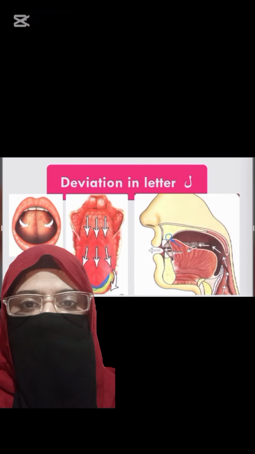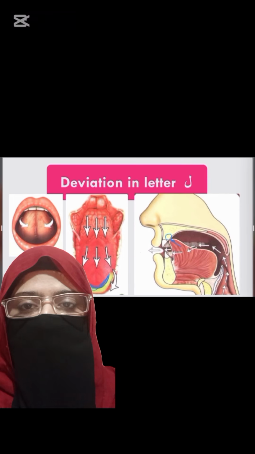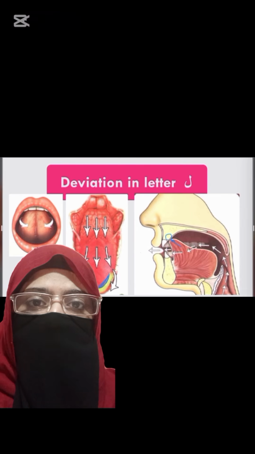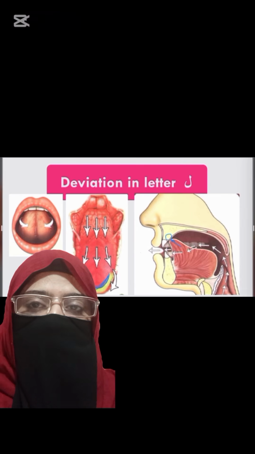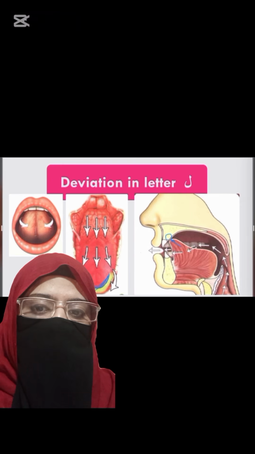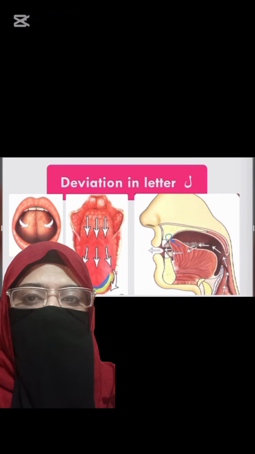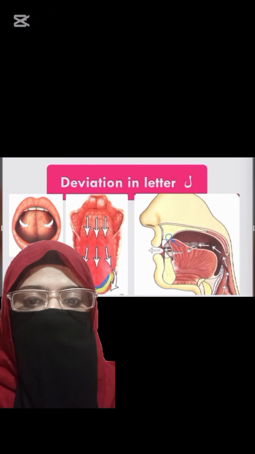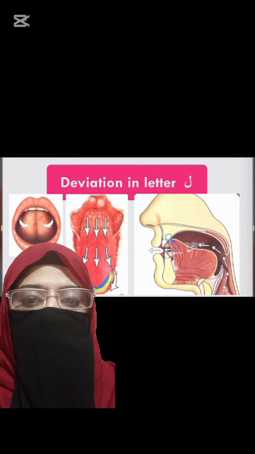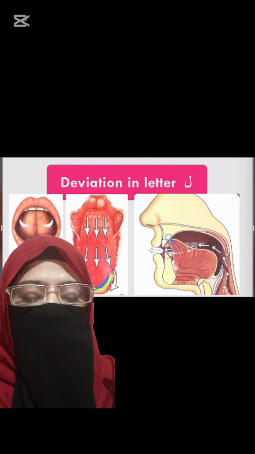For example, if we force the sound from the incorrect side of the tongue and say l, al, il, the pronunciation of the whole word is wrong. Like we have to pronounce Allahumma.